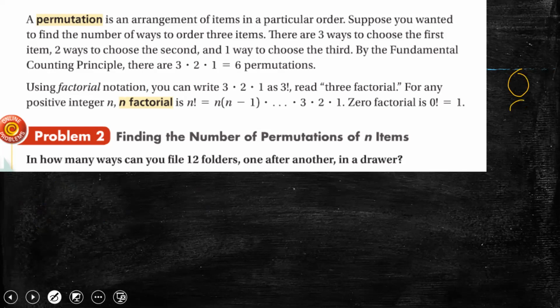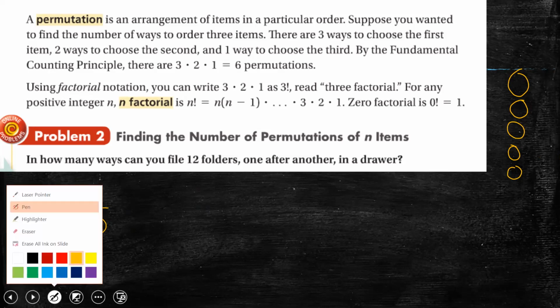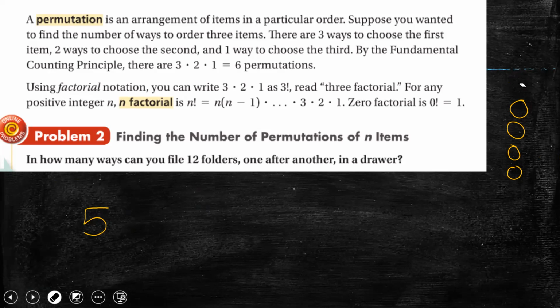Here we have 5 breads as an example. The first one here, how many choices do we have? You have 5 breads, so you have 5 choices. If you take one of them, how many choices do we have now? 4.